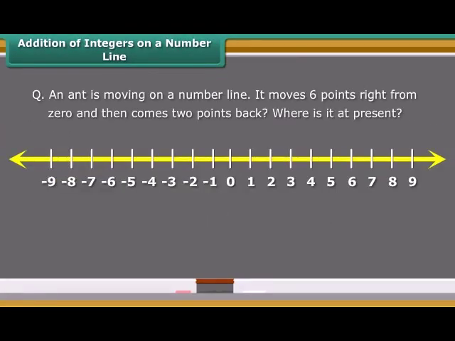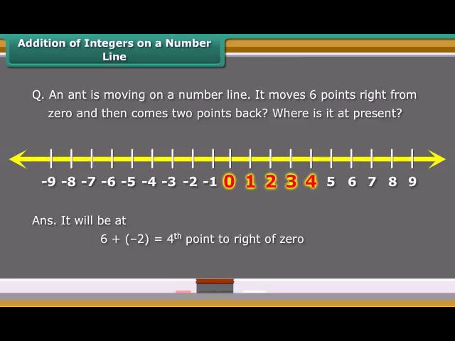An ant is moving on a number line. It moves 6 points right from 0 and then comes 2 points back. Where is it at present? It will be at 6 plus -2, which is equal to 4, the 4th point to the right of 0.